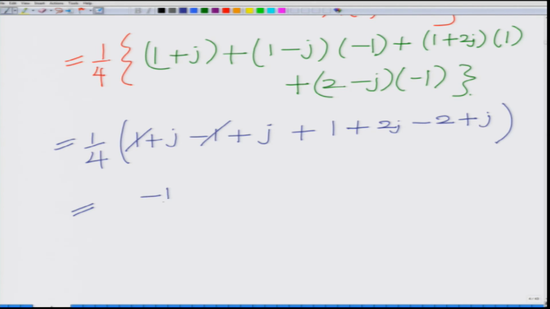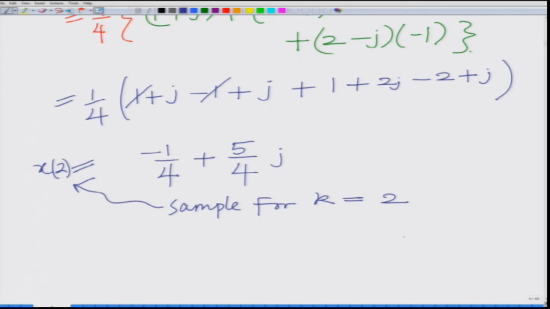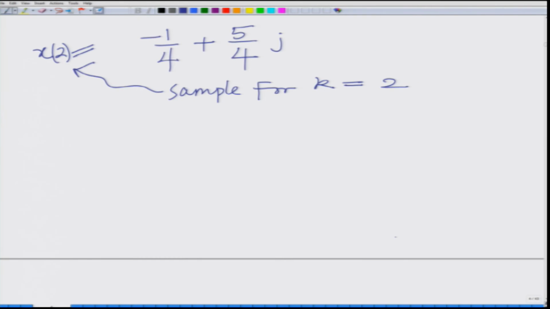So, this is minus 1 over 4, and basically I have 2j plus 2j plus j, that is 5j. So, plus 5j by 4, and this is in fact your x2, that is the sample corresponding to k equal to 2.